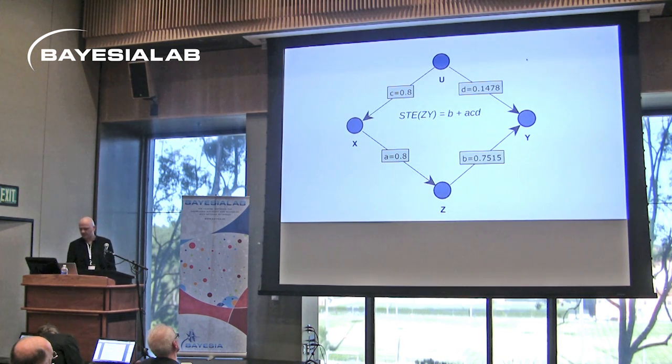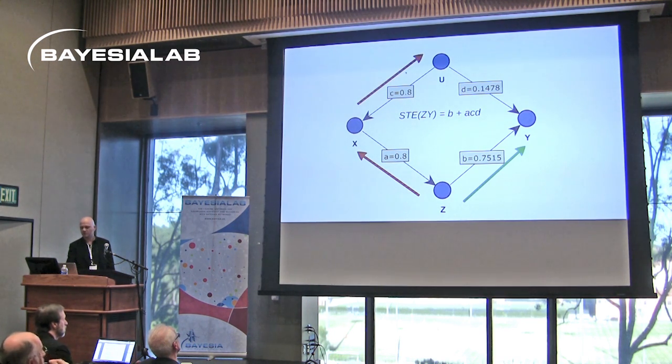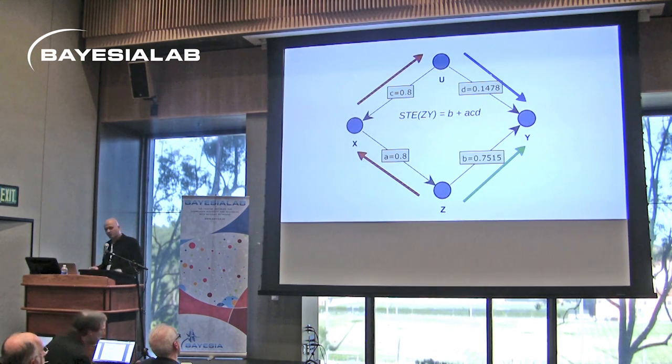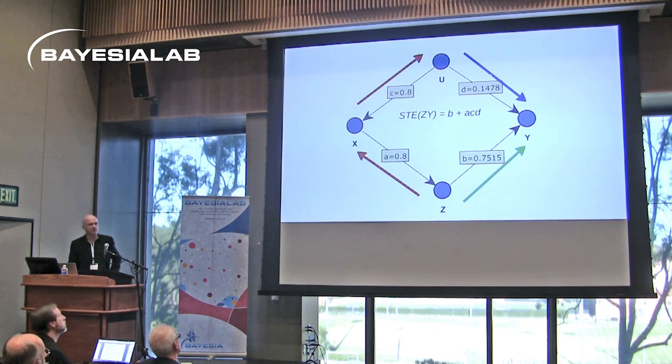So this one will be equal to b, right? Plus we have a path here from z to x and x to u plus u y. So the STE of z to y will be equal to b plus the product of these three coefficients, a times c times d. Right?